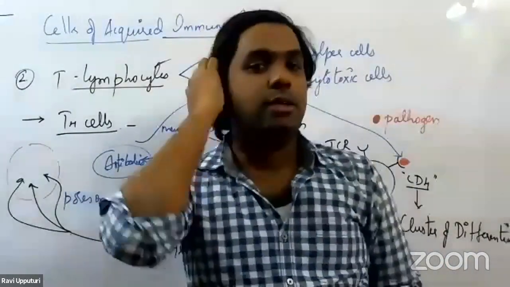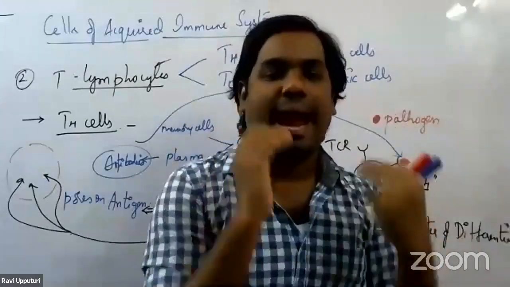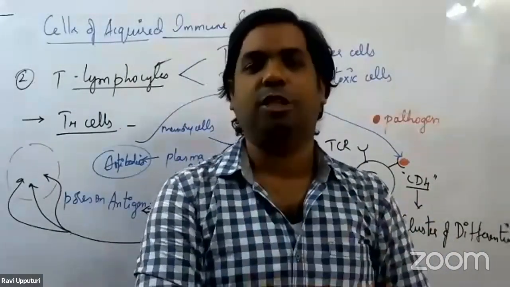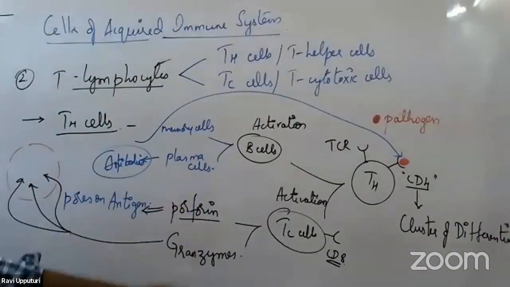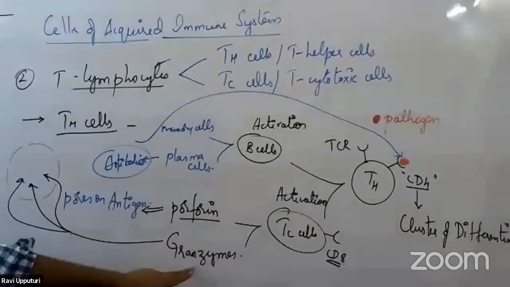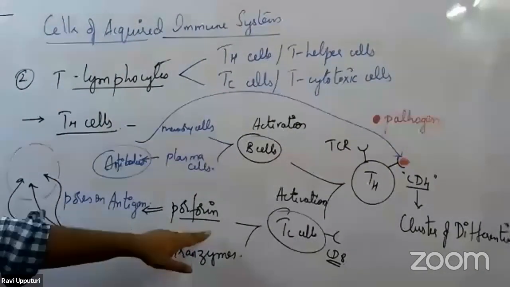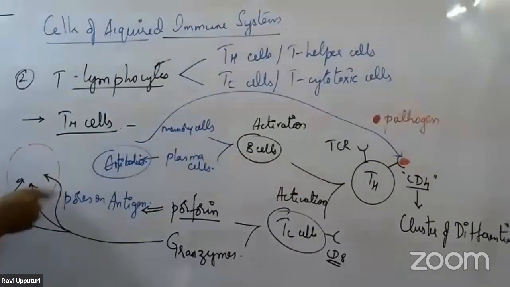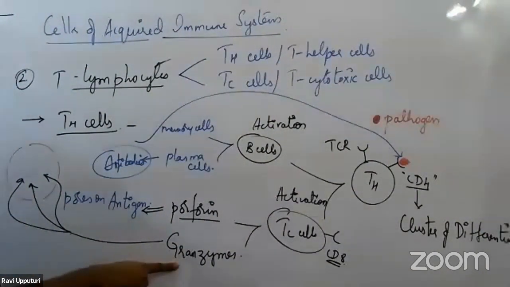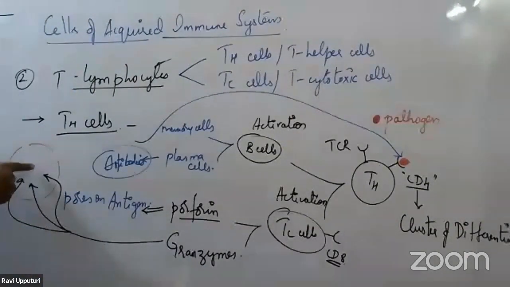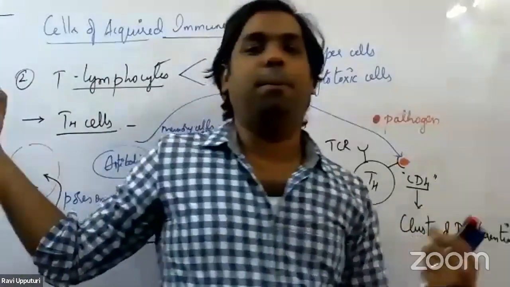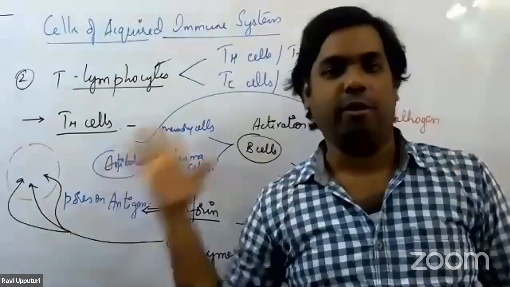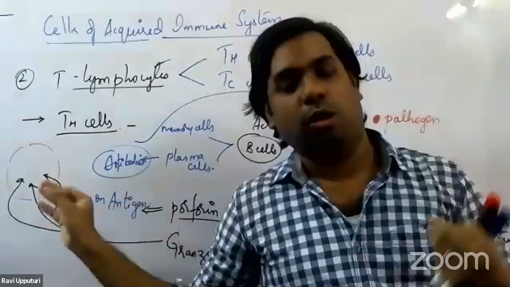Upon activation, T cytotoxic cells start producing two types of chemical substances, perforin and granzymes. Perforins make pores on the surface of the antigen, while the released granzymes directly enter through the pores into the antigen, leading to the complete destruction of that particular antigen.